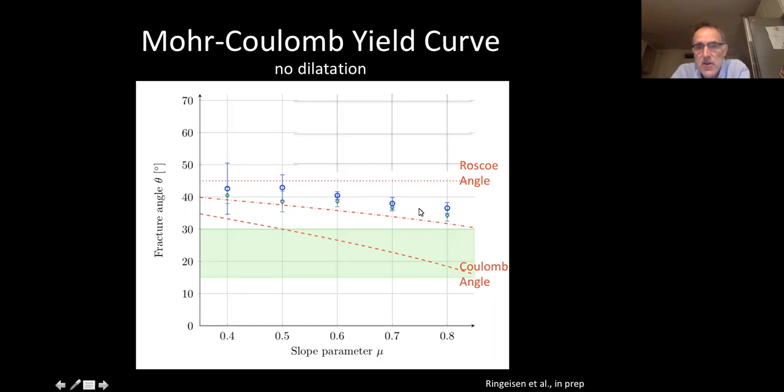It basically lies somewhere in between, and the dash-dotted line here is called the Arthur theory, which is basically the mean between Roscoe and Coulomb. So we have a post-fracture fracture angle that cannot be explained by either theory. We will see later that how we simulate things post-fracture has a large influence on this fracture angle.